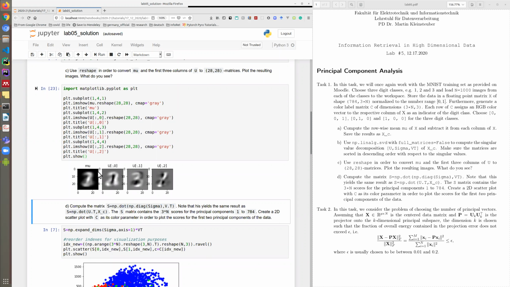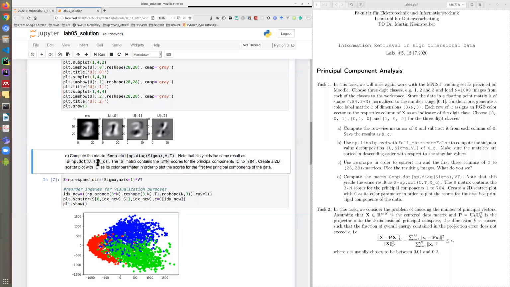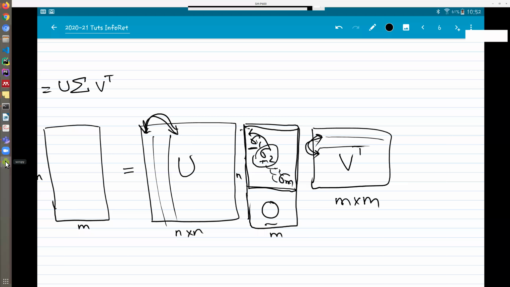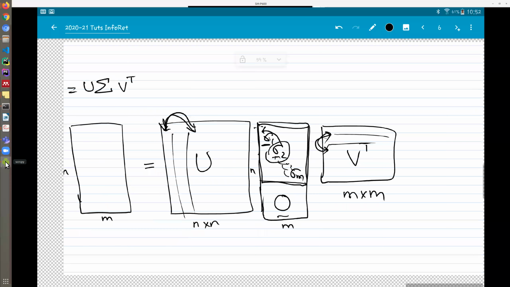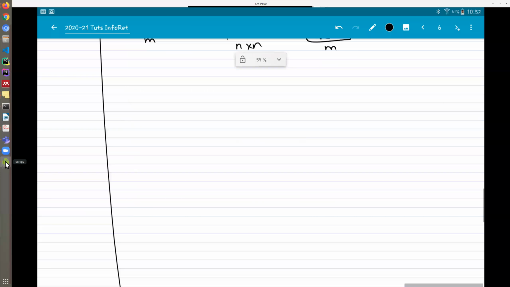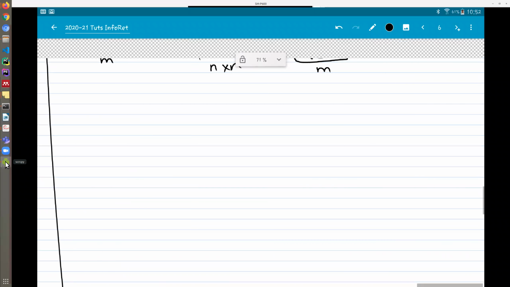Now the next step is to compute np dot, we want to compute sigma into v transpose, okay. And we are saying that this is the same as u transpose into x. This we can see very easily. You might remember this comment was already made by Umar during one of the lectures, the one before the last one.